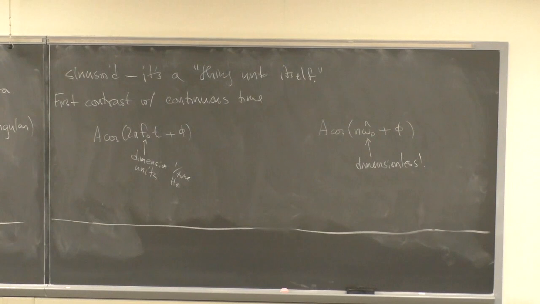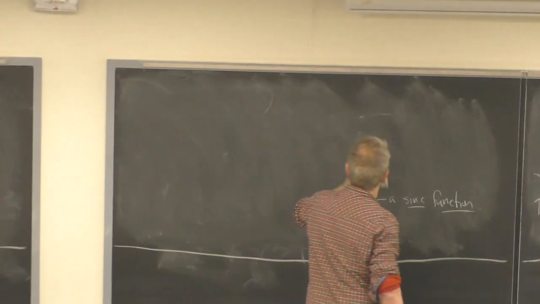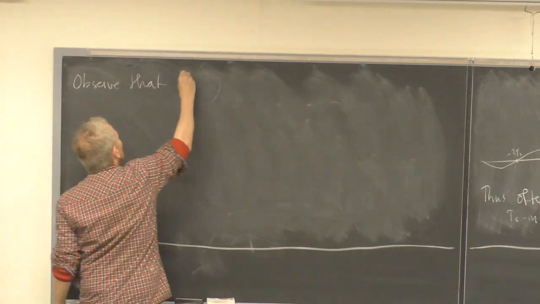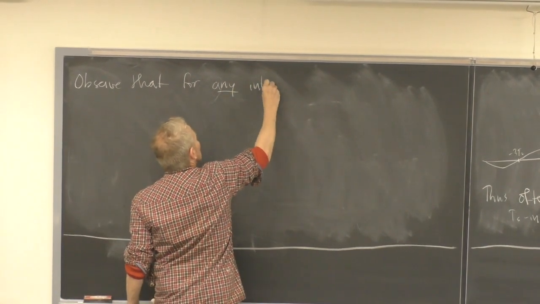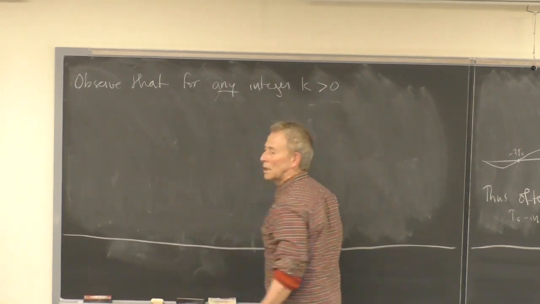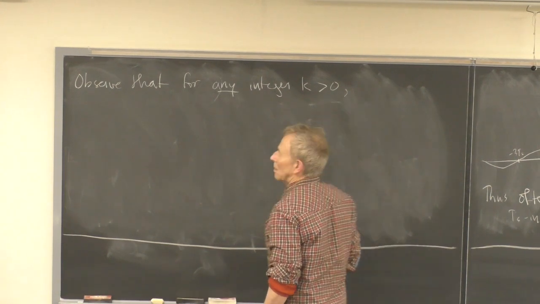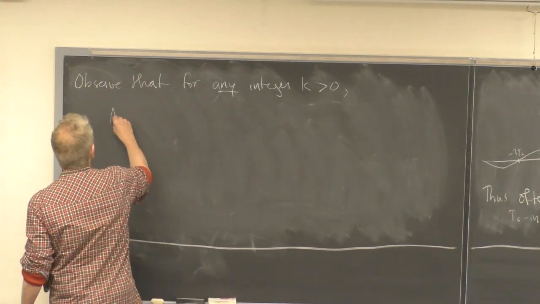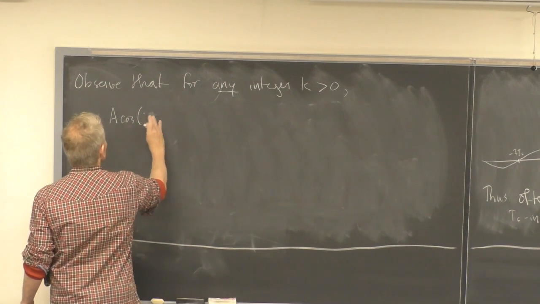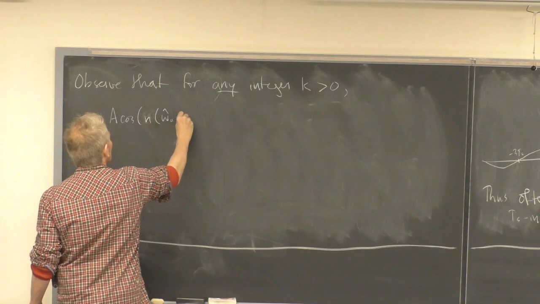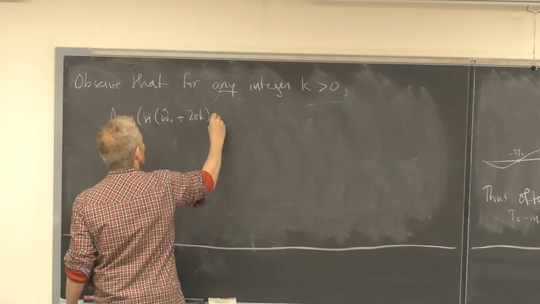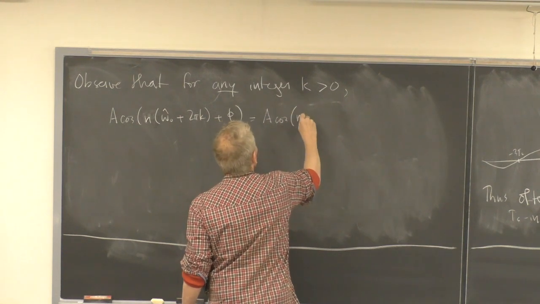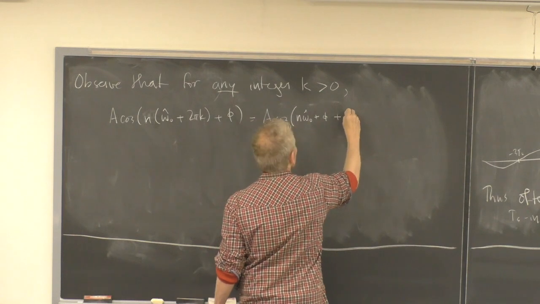All right, so the next thing, leading to another contrast with continuous time, is observe that for any integer k, and for now I'm just going to let k be bigger than 0, if I change omega 0 hat by an integer multiple k times 2 pi, so a cosine of n times omega 0 hat plus 2 pi k, plus phi, that equals a cosine of n omega 0 hat plus phi plus 2 pi k n.